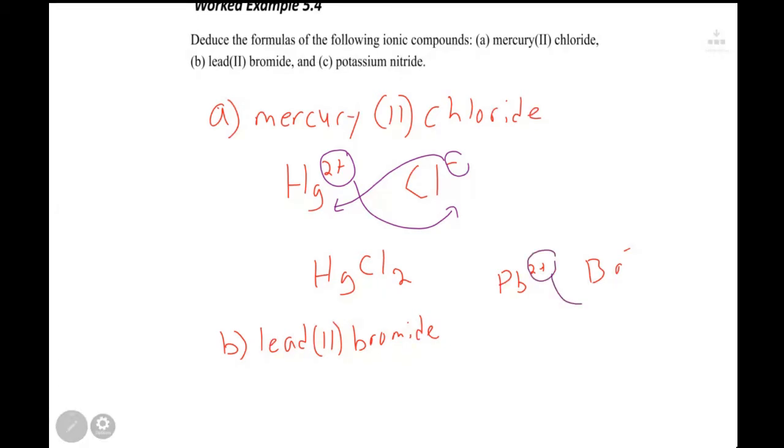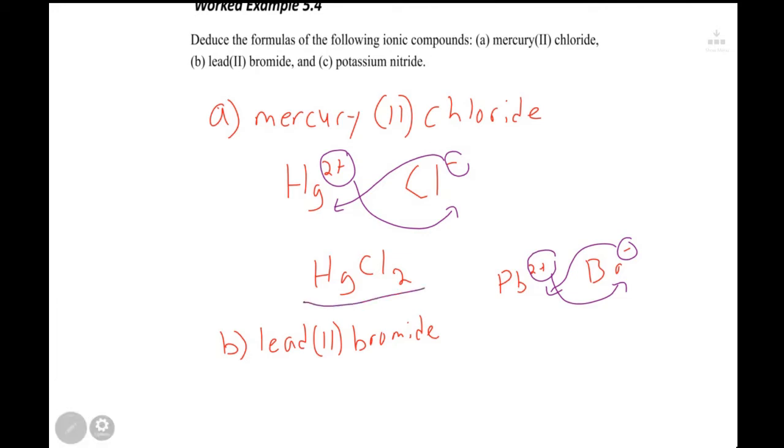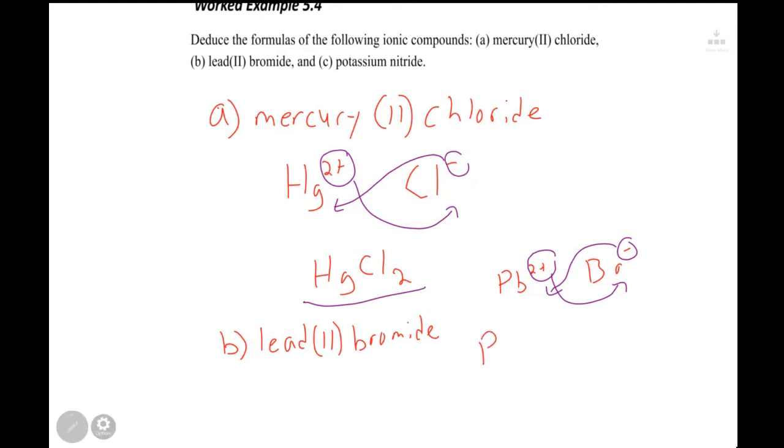So this charge will come here, and this charge will come here. There are instances where this doesn't quite work so easily, but for purposes of our conversation, this will work just fine. It's very rare that this won't work, but there are times when it won't. So the answer for this one will just be PbBr2. Okay, so that would be your final answer.